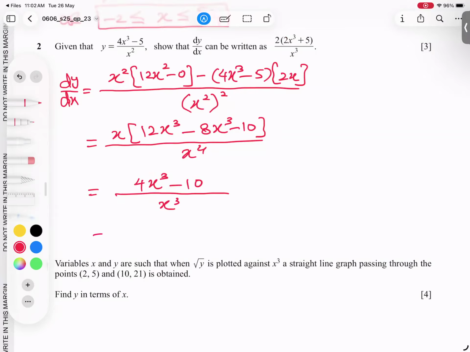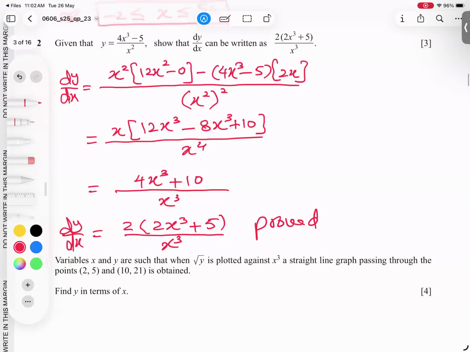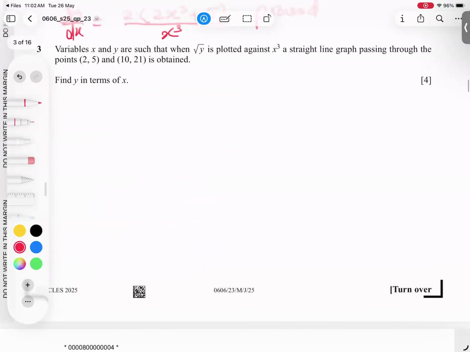If I take 2 common, I get 2x to power 3, and there, negative into negative is positive, 2 5s are 10, over x cubed. Proved.